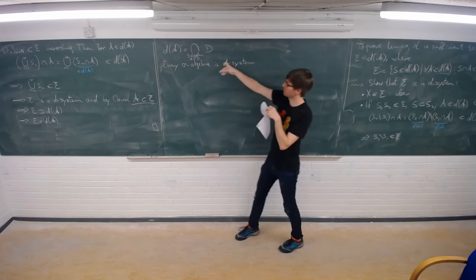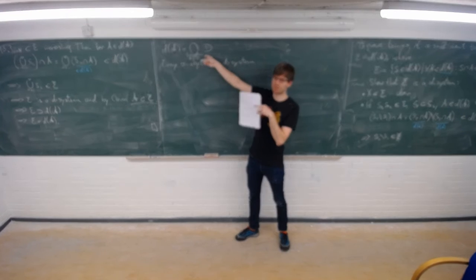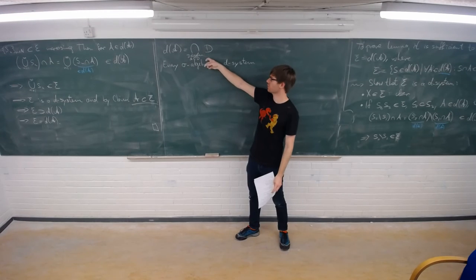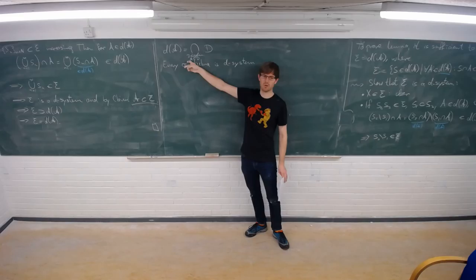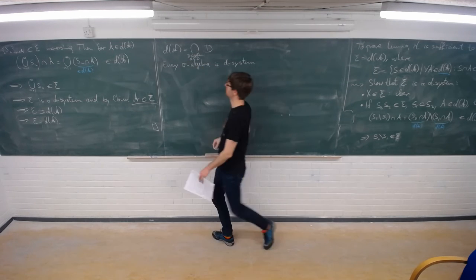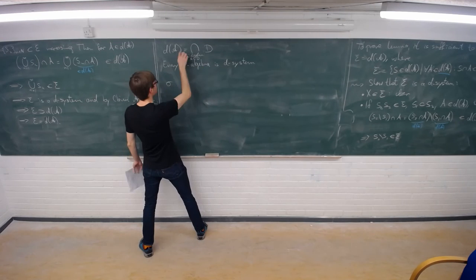So this intersection over all D systems, I'm taking an intersection over more sets than if I took the intersection over all sigma algebras containing A. So let me compare this to sigma of A.